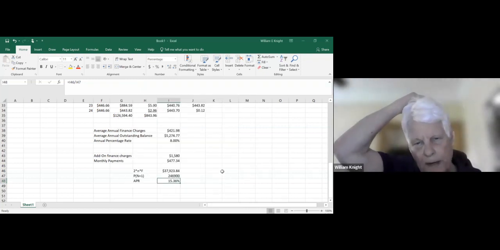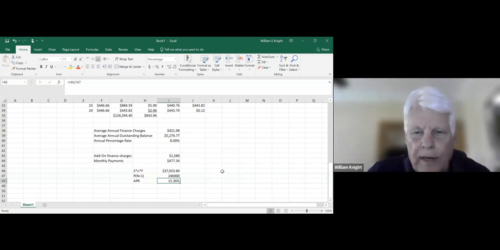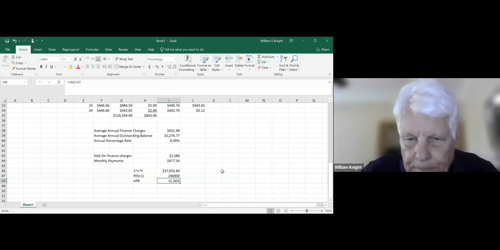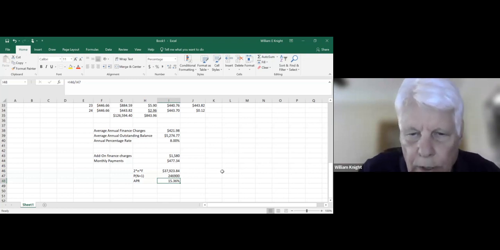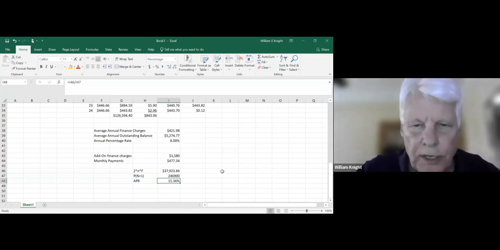And just as we suspected, the APR is indeed greater than the quoted rate. The APR, 15.36%.